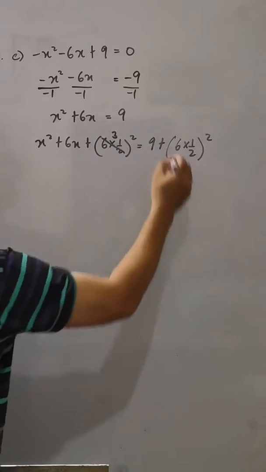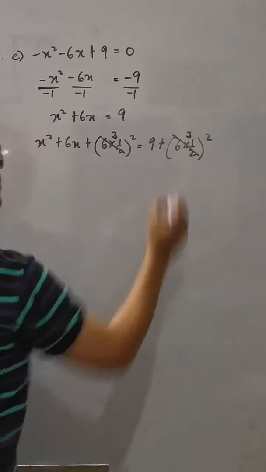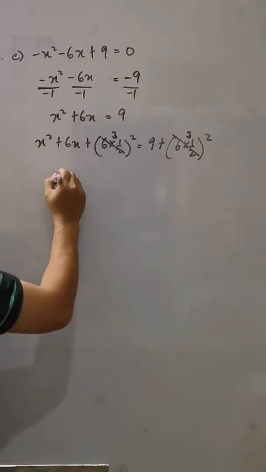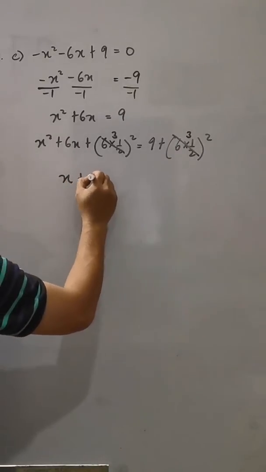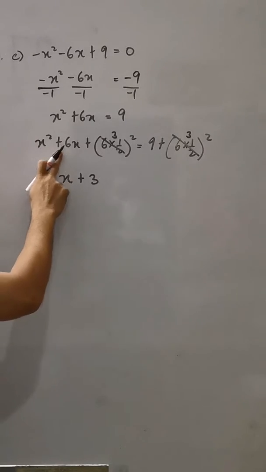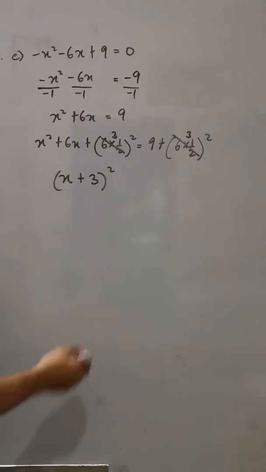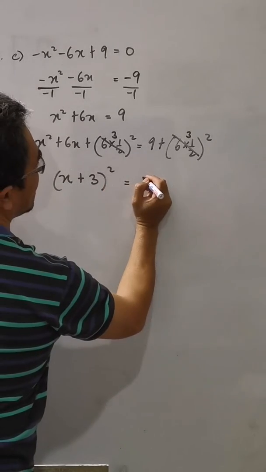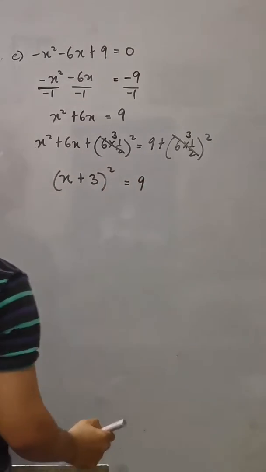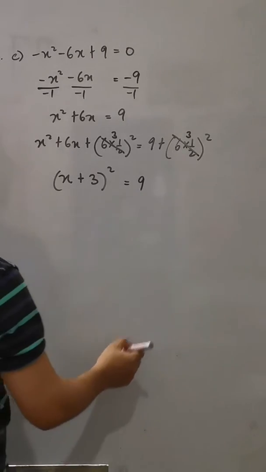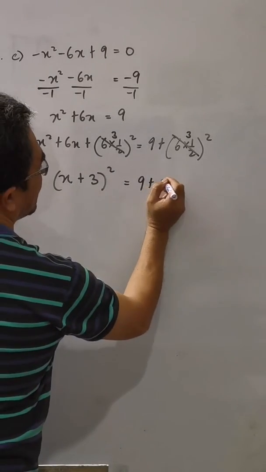So 3 squared, here also becomes 3 squared. So the factorization will be x plus 3 squared equals 9 plus 9.